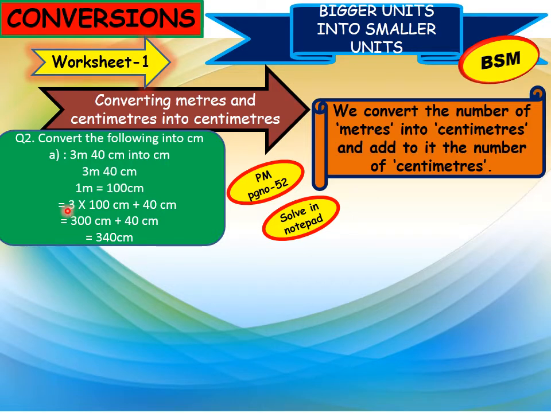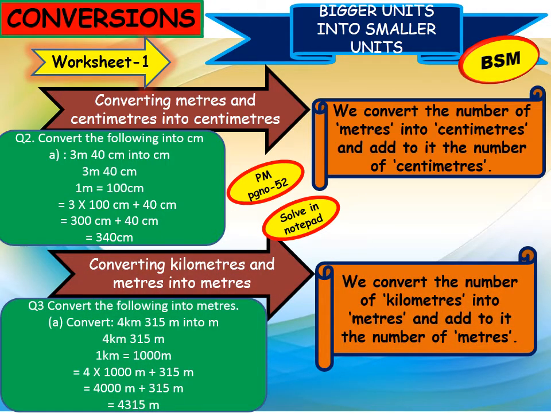So 3 meters is equal to 3 multiplied by 100 centimeter plus 40 centimeter. That is equal to 300 centimeter plus 40 centimeter. So our final answer is 340 centimeter. Right?